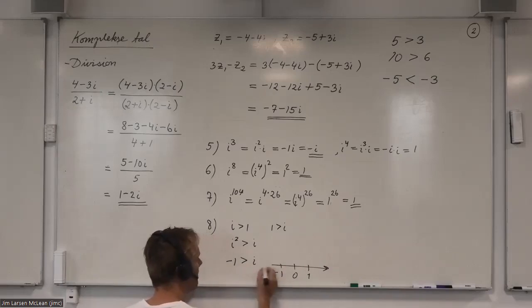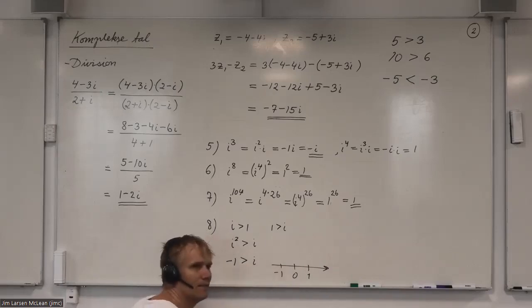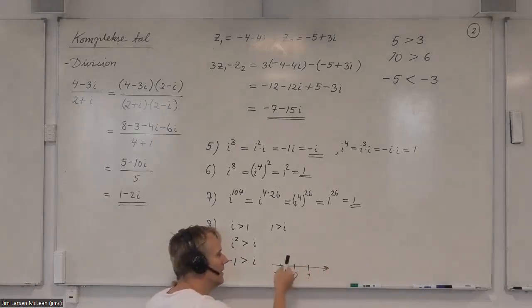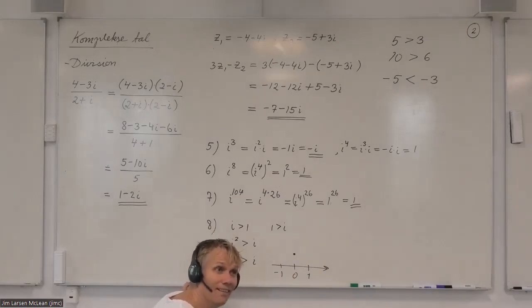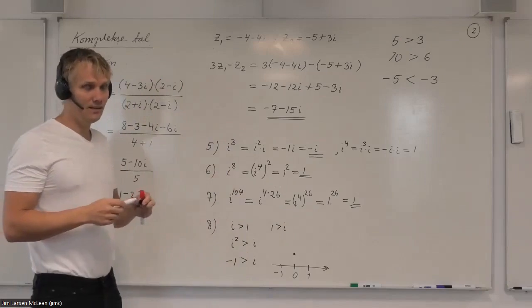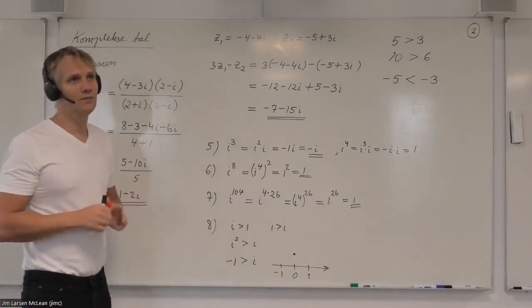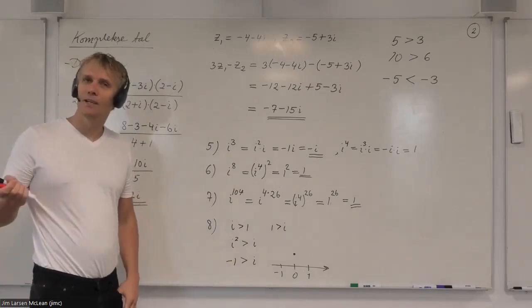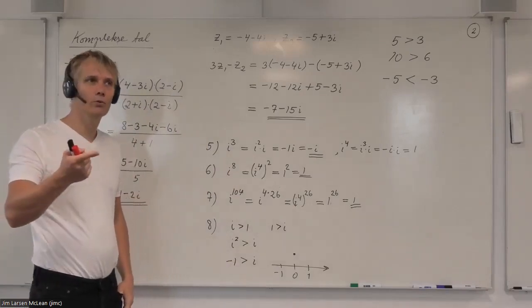So down here, it's saying i lies to the left of -1. And obviously you can't have a number that is here and here at the same time. So the answer is you simply can't order the complex numbers by magnitude; you must give up on that. But you can certainly ask how far a complex number is from the origin, and we call that the modulus of the complex number.